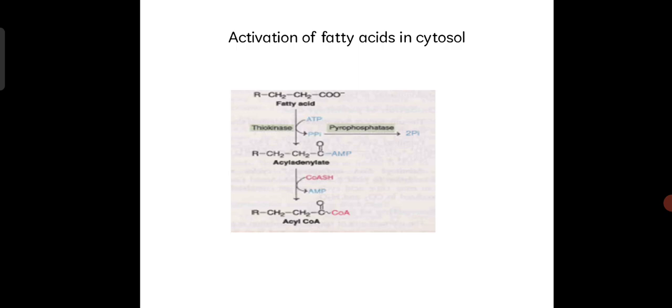In between there is ATP, which is converted into pyrophosphate, and this pyrophosphate reacts with pyrophosphatase to form phosphate. Then this acyl adenylate reacts with coenzyme A, forming AMP, and results in acyl-CoA. So this is the activation of fatty acids in the cytosol.